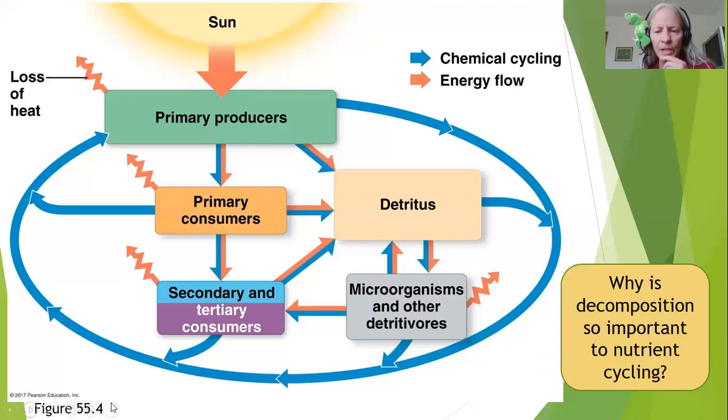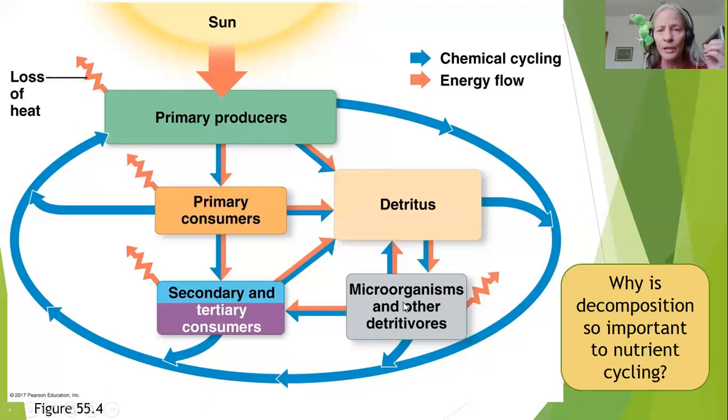But mostly when these decomposers decompose, they are breaking down the material that's in this detritus, and they are using cellular respiration to release the carbon in the form of CO2, and that's the main material that is taken in by the primary producers.